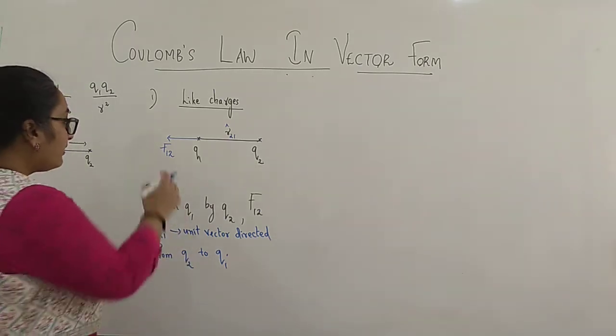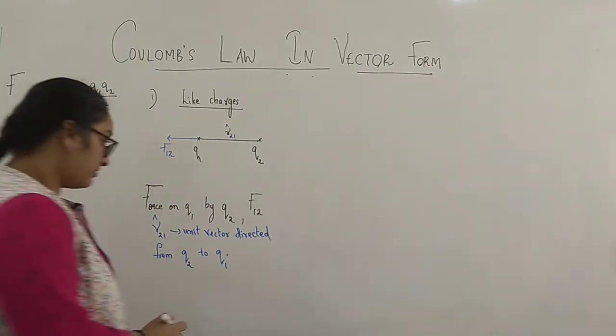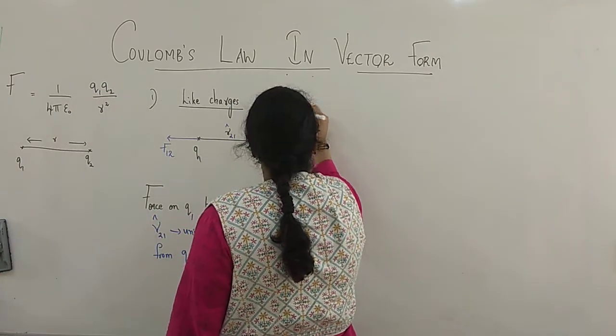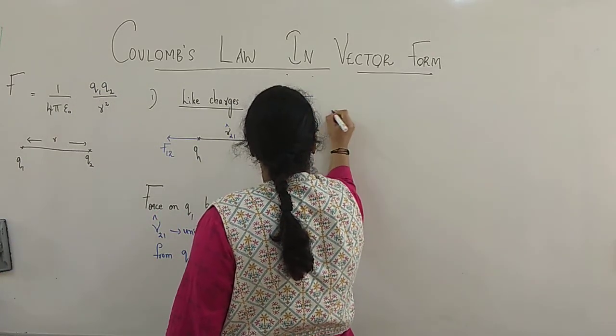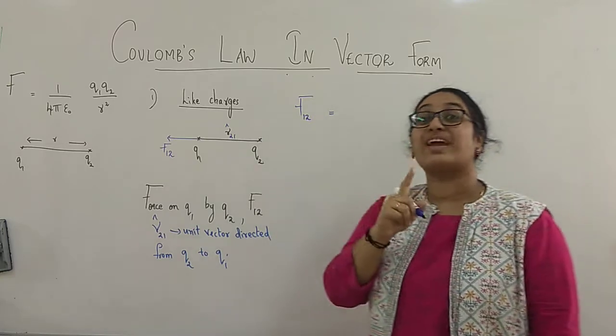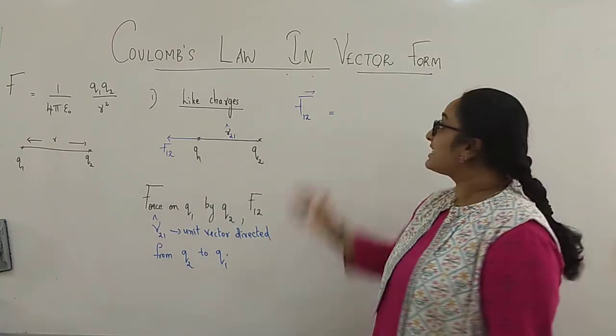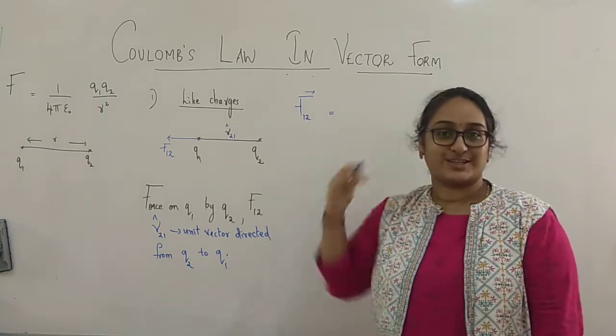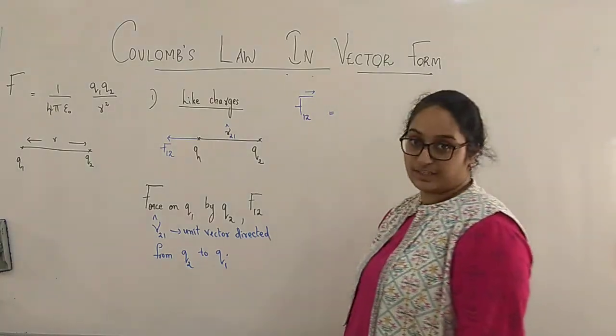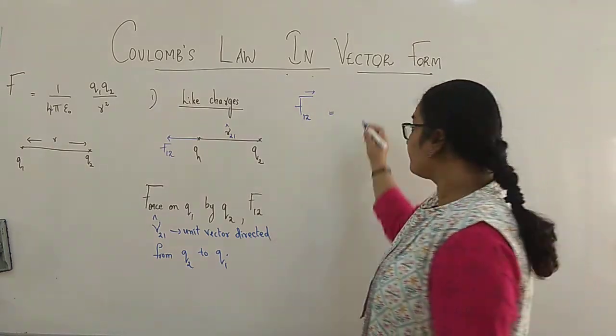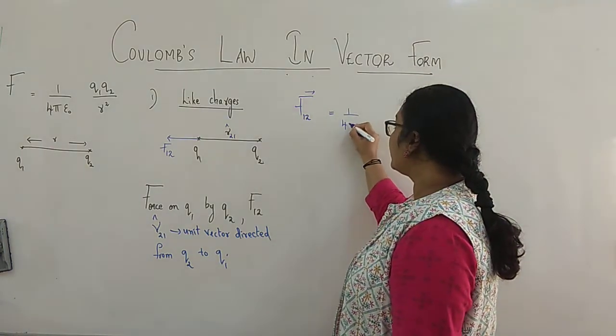Now how will I write the equation? F12 is equal to, now F12 becomes a vector because I am going to represent the direction also. That is why Coulomb's law is in vector form here. Magnitude remains the same, I'm just including the direction, that's all.